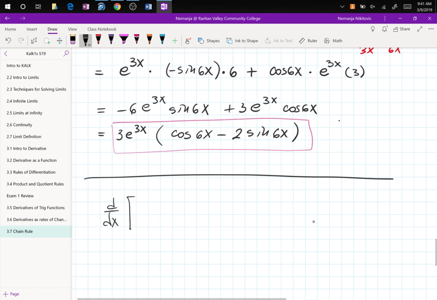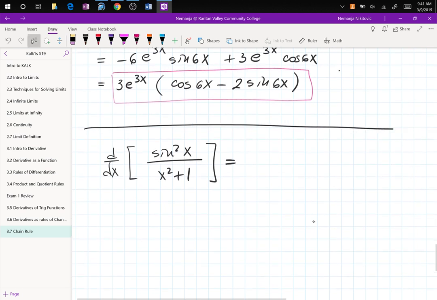The derivative of, let's go with, sine squared x divided by x squared plus 1. What's the main rule? Quotient is the main rule. Great.